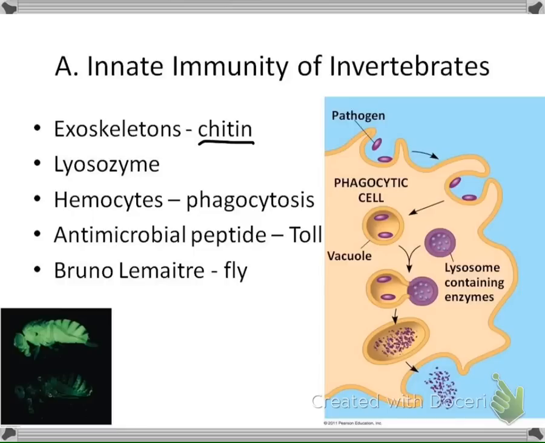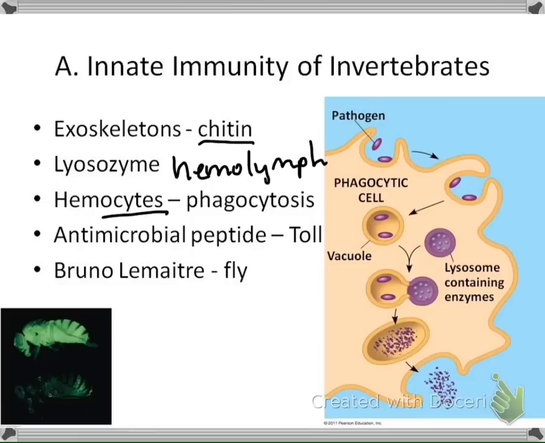Hemocytes are circulating cells that travel through the hemolymph. Hemolymph is mainly like blood for invertebrates.